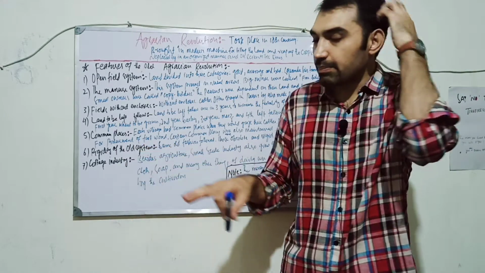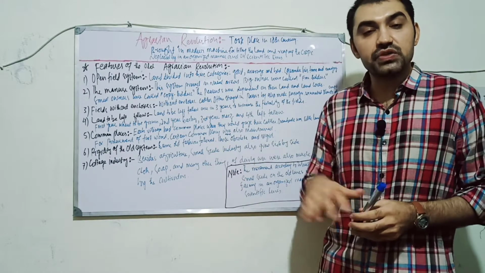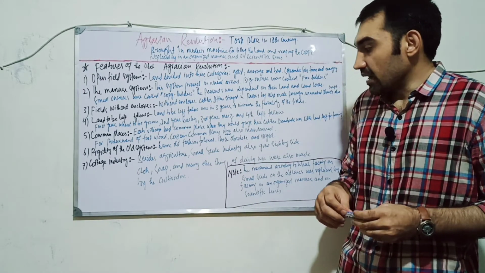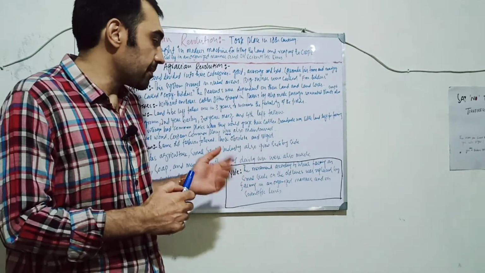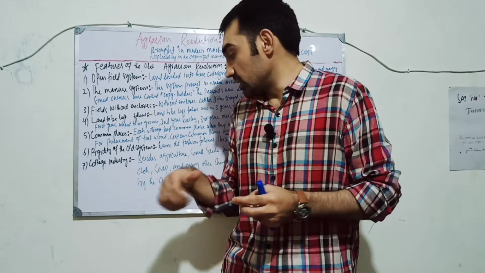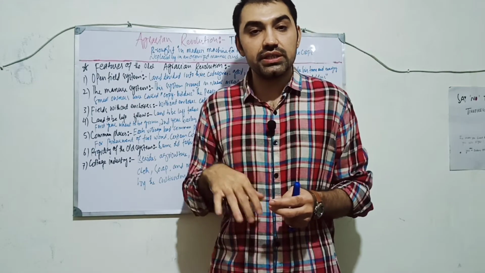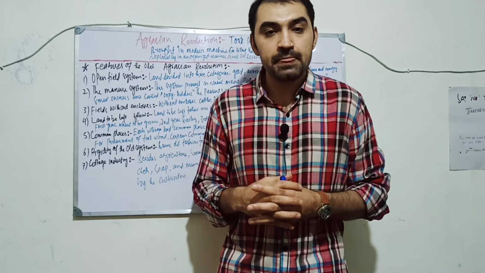The seventh important feature of the old agrarian revolution was that, besides agriculture, small scale industry also grew side by side. Why this? The small scale industry included the cloth industry, the soap industry, and other things of daily use.